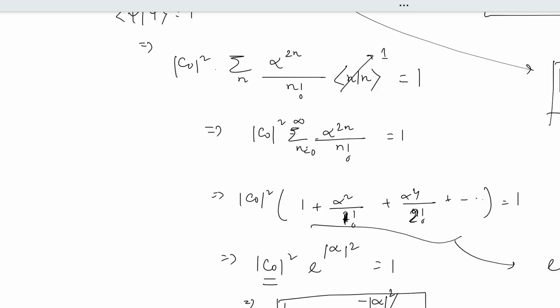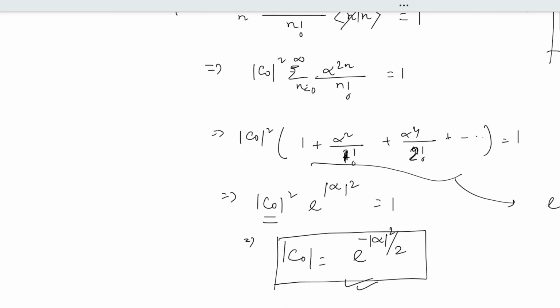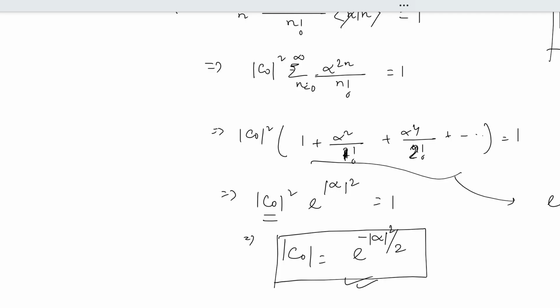Now you know that these n are orthonormal, which also means that they are orthogonal to each other and normalized. So any m and n inner product is equal to delta mn. That means it is equal to 1. So this is your Kronecker delta function.